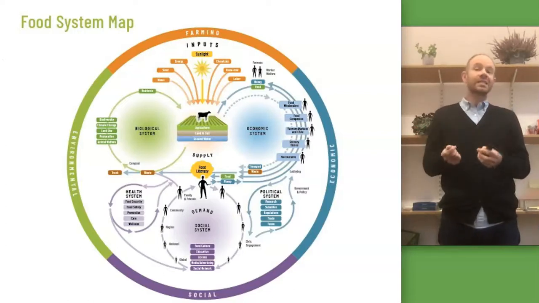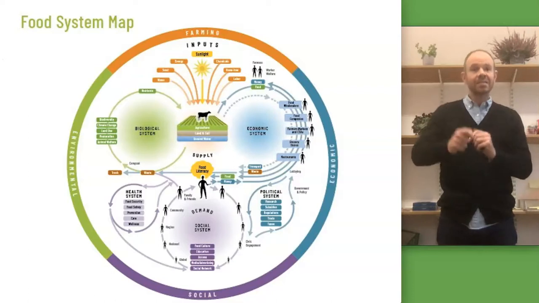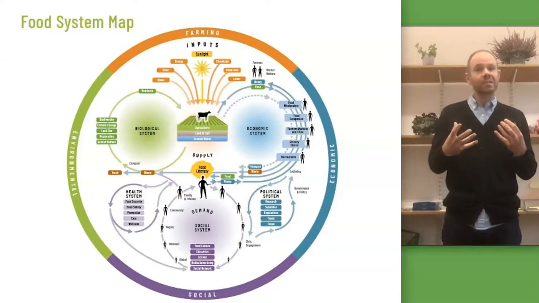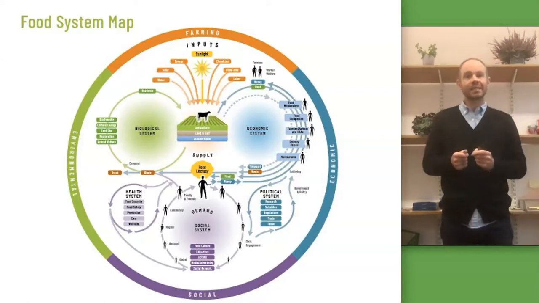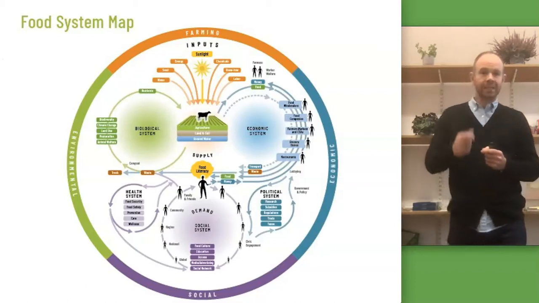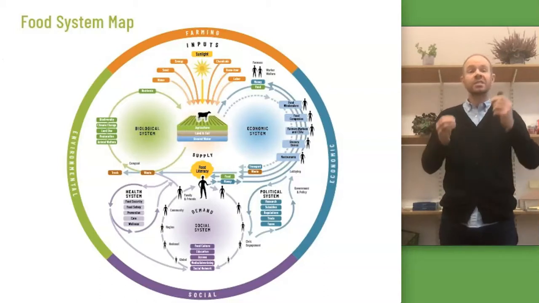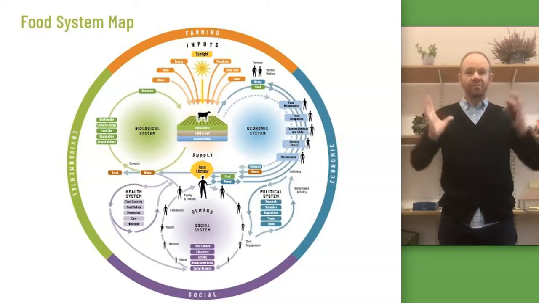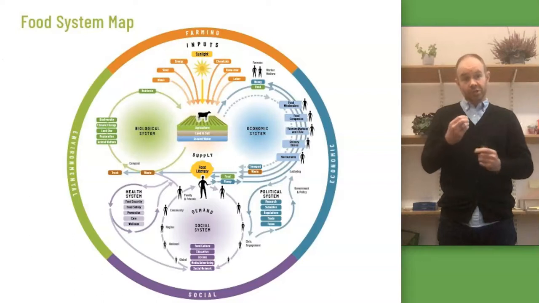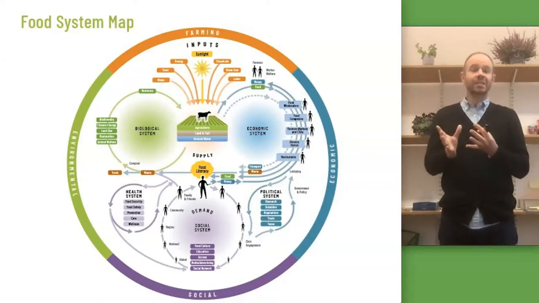And we start seeing that all of these pieces, what we'll start to call variables later, are intricately linked to one another. And we're going to get into that in a moment. But notice how there are arrows between all of these different components of this larger food system, denoting that they're all linked together, if not explicitly, implicitly.